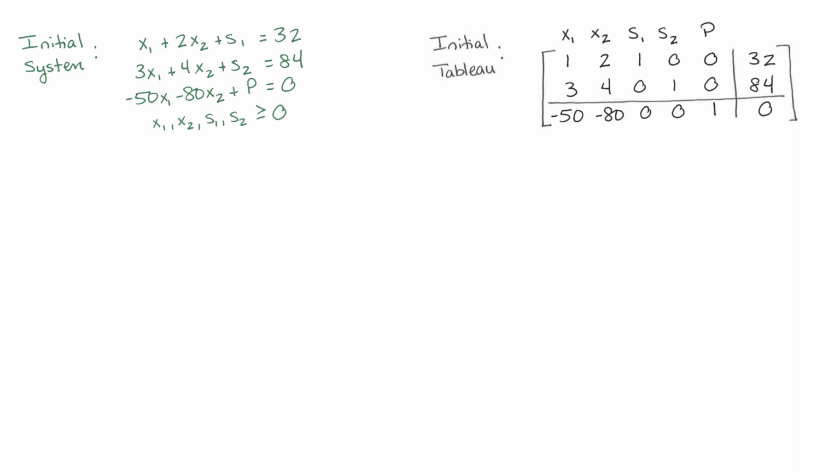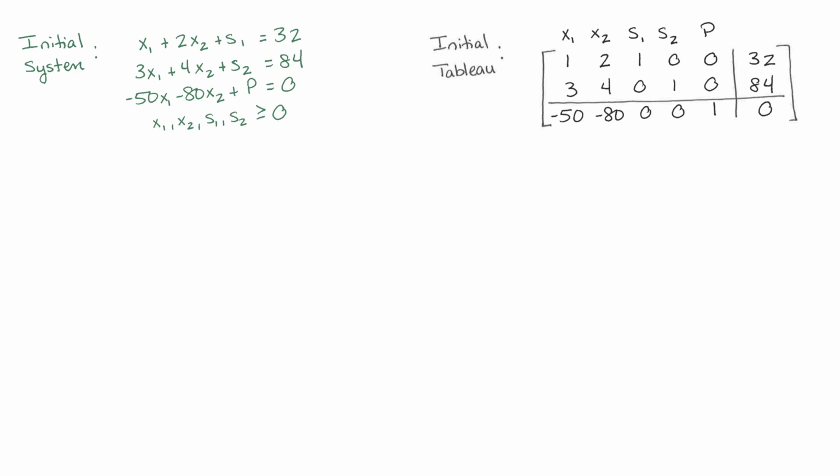So notice row 1 uses the coefficients of our first constraint. So we have 1, 2, 1, 0, 0, 32. This is because our constraint was 1x1 plus 2x2 plus 1s1. There are no s2s, no p's in that constraint, so those get 0, and we're equal to 32.